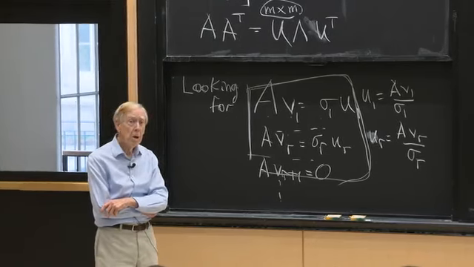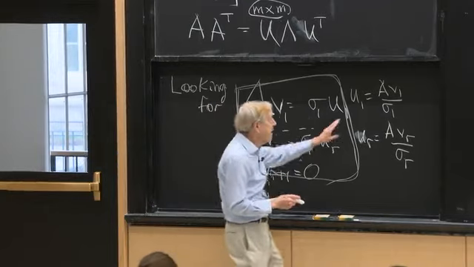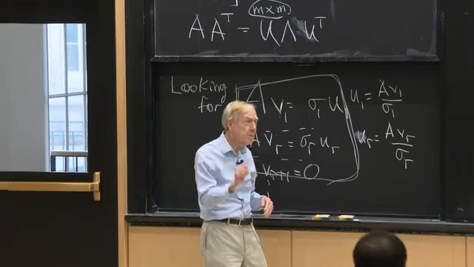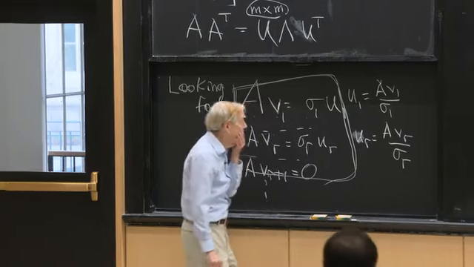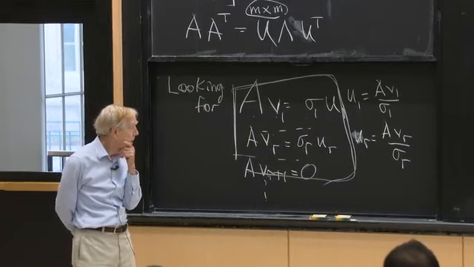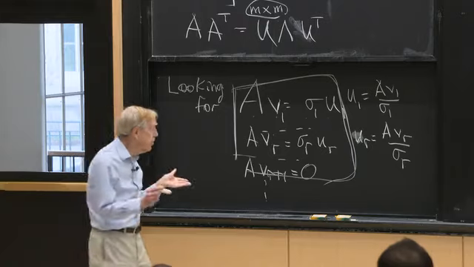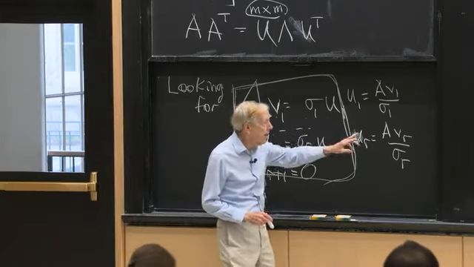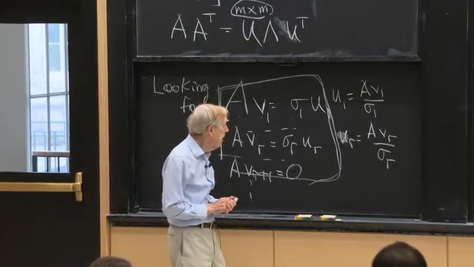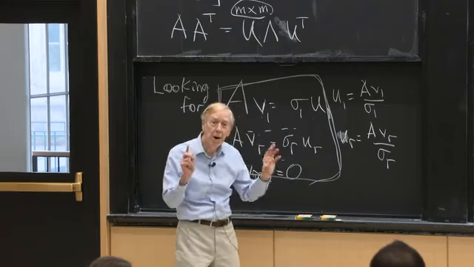Are you with me? I want to get these U's correct, and if I have a whole plane of possibilities, I got to pick the right one. Okay, and now finally I have to show that it's the right one. So what is left to show? I should show that these U's are eigenvectors of AA transpose. And I should show that they're orthogonal, right?